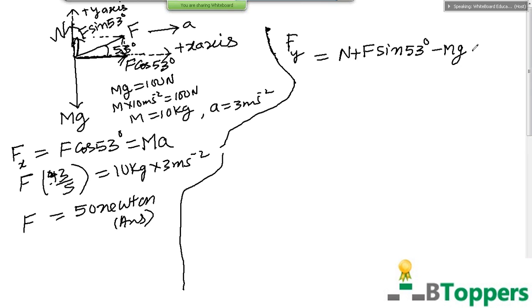The block has no acceleration in the vertical direction. So y component of acceleration is 0, y component of resultant force must also be 0. Therefore, the magnitude of the normal reaction force on block by the floor will be equal to mg minus F sin 53 degrees.